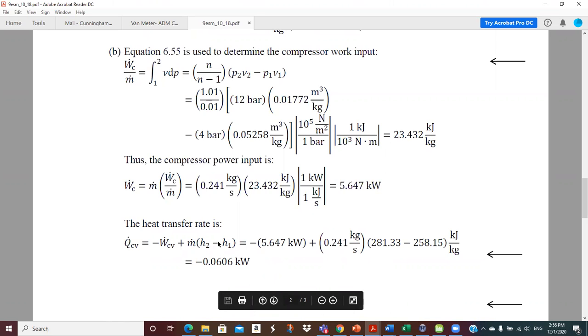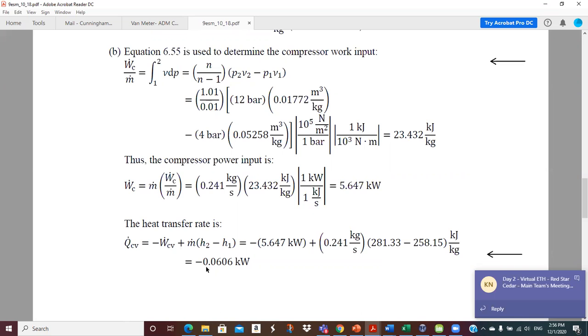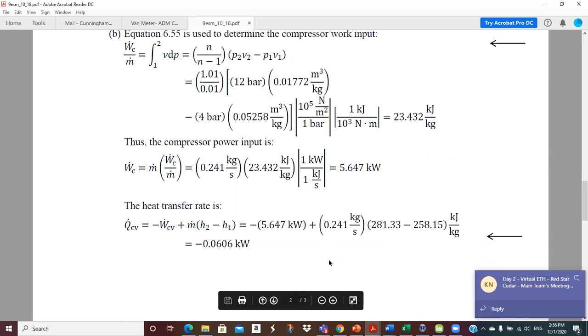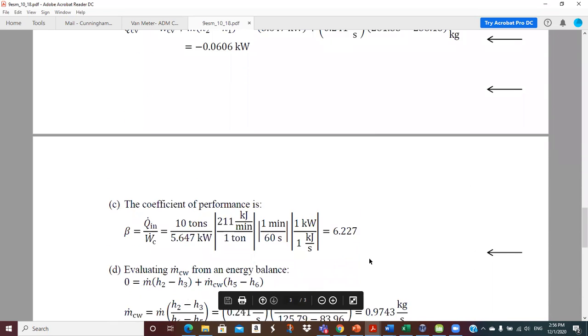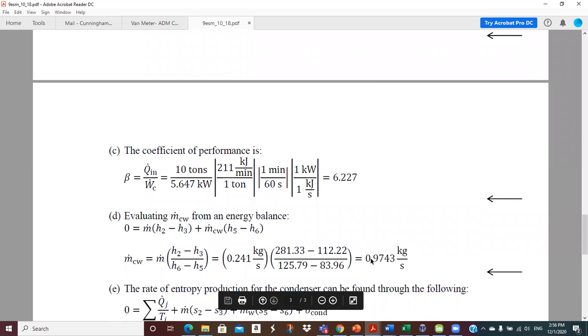And so plugging in the numbers, we get minus 0.0606 kW. Okay, so that's the heat transfer rate from the compressor. And then the coefficient of performance is just the Q dot in, where we're given the capacity, divided by the compressor work.